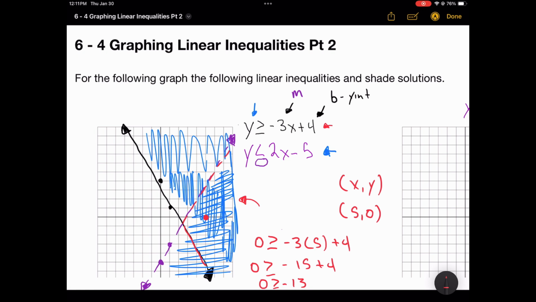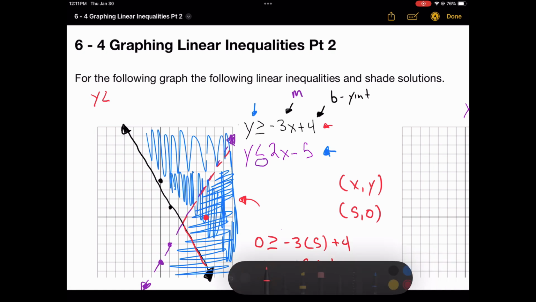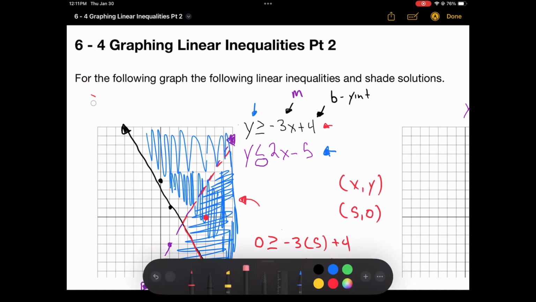And very similar, if I choose the purple line, I'll just do that real quick up here. So Y is less than, I need to actually put my numbers in here real quick. So if I actually put my numbers in here, 0 is less than or equal to 2 times 5 plus 4, and that is going to be 10.